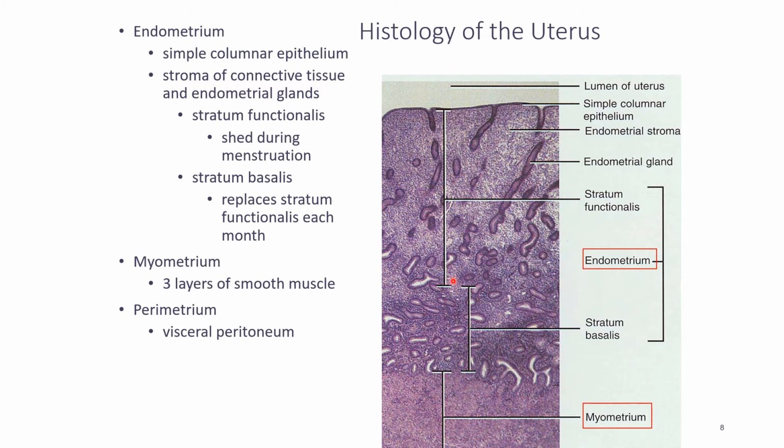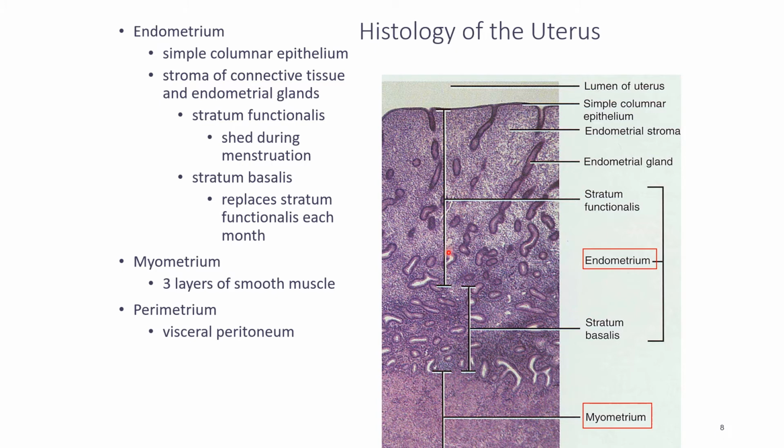So the endometrium has two layers. There's a stratum basalis. This is a layer that always remains in contact with the myometrium. And there's the stratum functionalis that grows during the first 20 days or so of the female reproductive cycle. During menstruation, this is the layer, the stratum functionalis, that is shed and eliminated from the body.